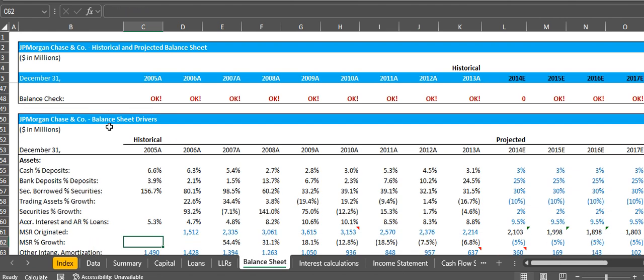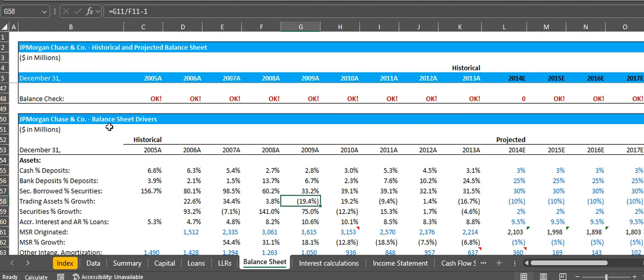Then we will discuss the drivers. Cash deposit is in a range of about 5.4% of total deposits, with 3% growth over the year. Bank deposits have growth of around 25% over the year. Securities borrowed and securities have growth around 30%.